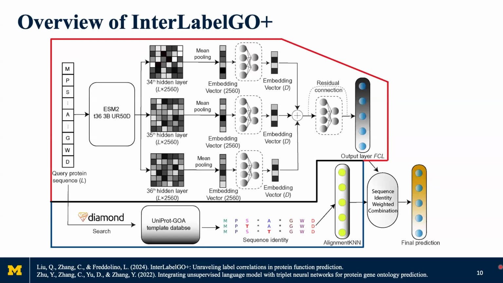Finally, InterLabelGO Plus combines these components using a sequence identity weighted approach, allowing for adaptive integration of deep learning and alignment-based predictions.